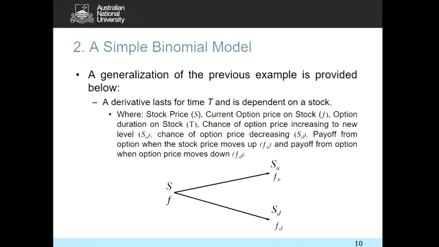And FU is the option payoff if you go up the tree, so the $1 we had before. SD is the spot price if prices fall, so our $18 from before. And FD is the option payoff if prices go down, which in this case would have been $0 from the previous example.